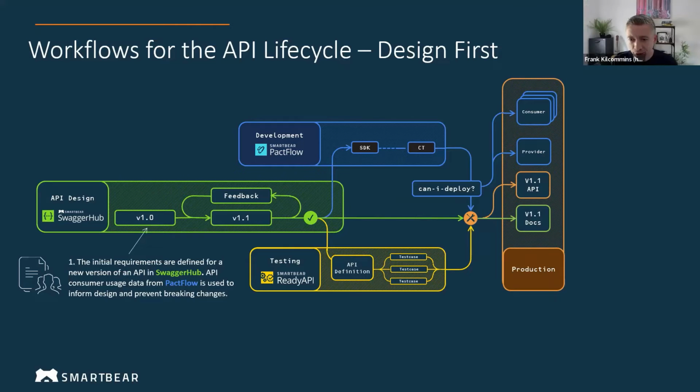Yeah, absolutely. So what we see here is that those requirements will be taken in. The designers will work towards getting a candidate design. They'll be looking to retrieve as much feedback as possible. So designers, external feedback from security, from architects, even automated feedback from your CI/CD pipelines and validating against your standardization rules.